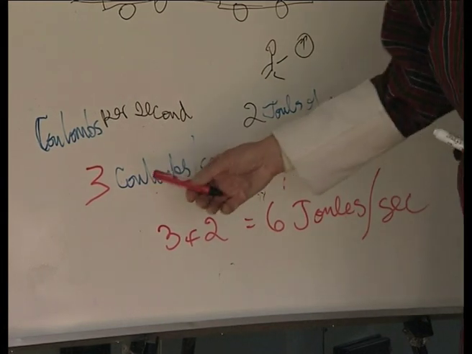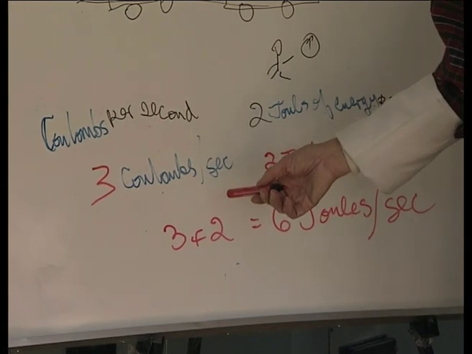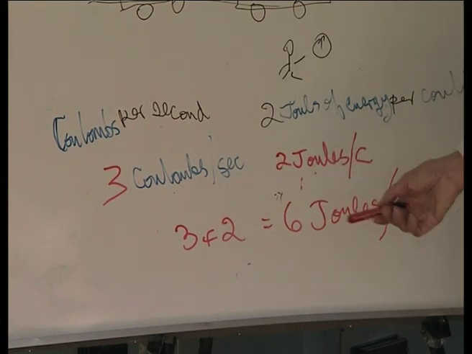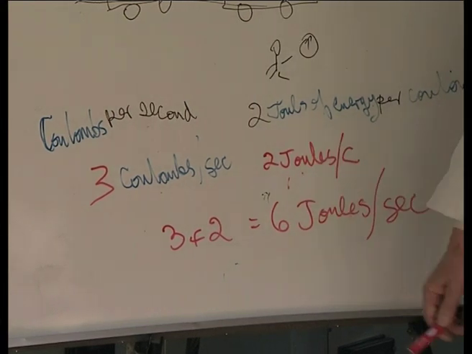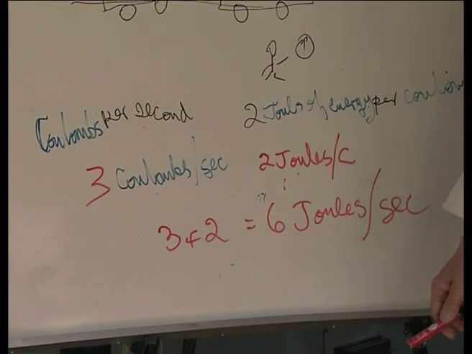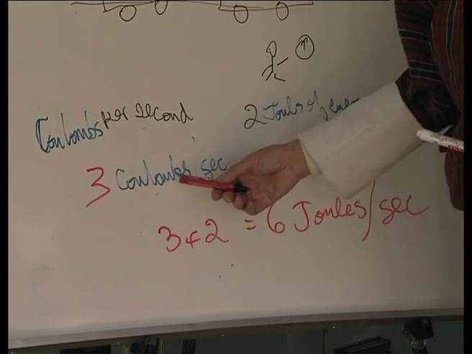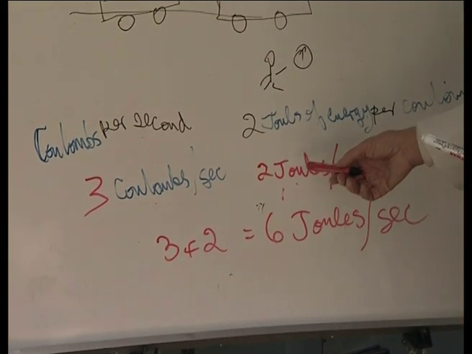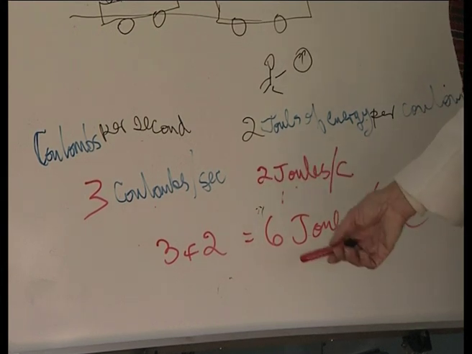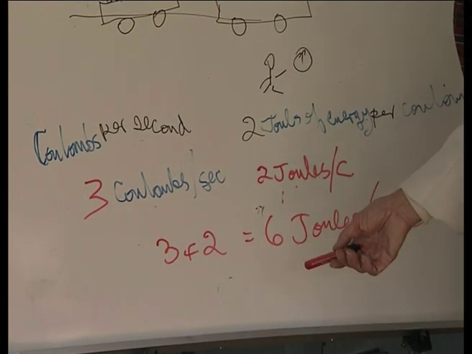And if 3 of these coulombs go past me in 1 second, then the total number of joules I'll get is 3 multiplied by 2, just as if it was trucks of stone.